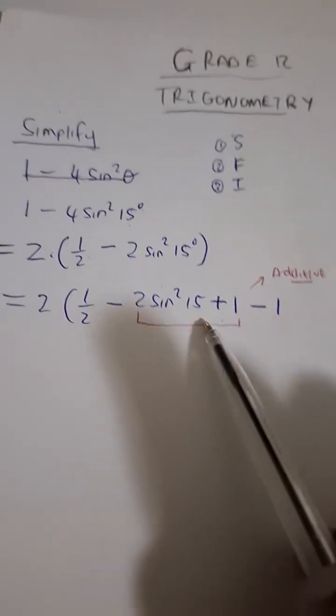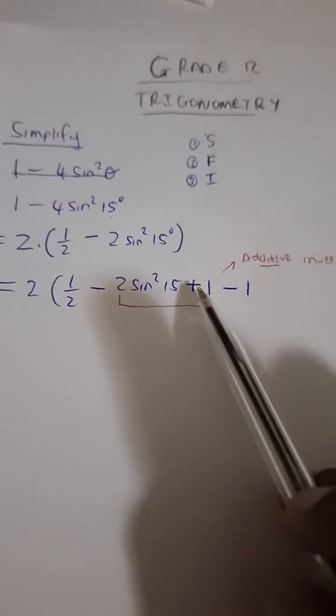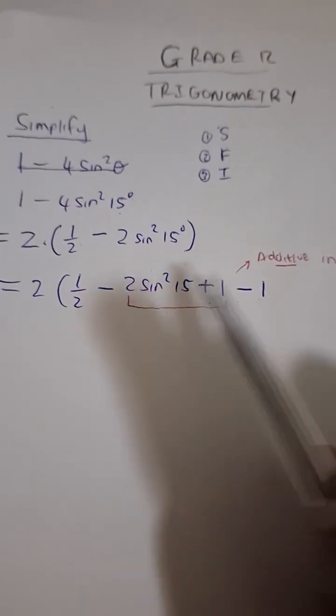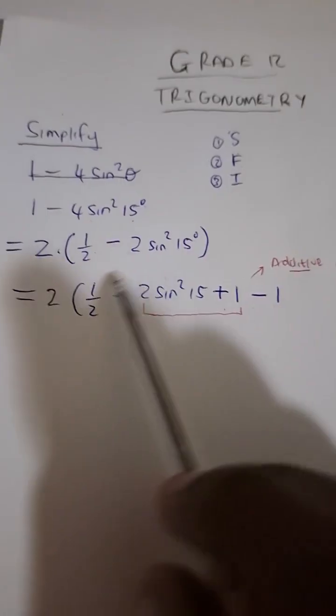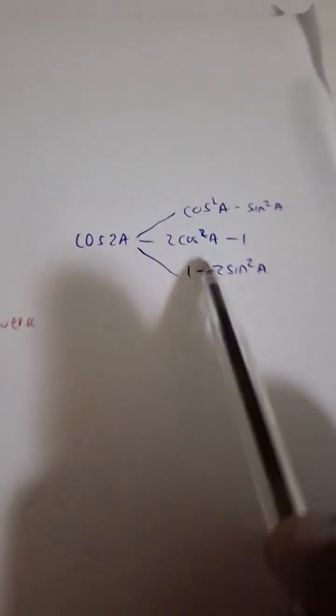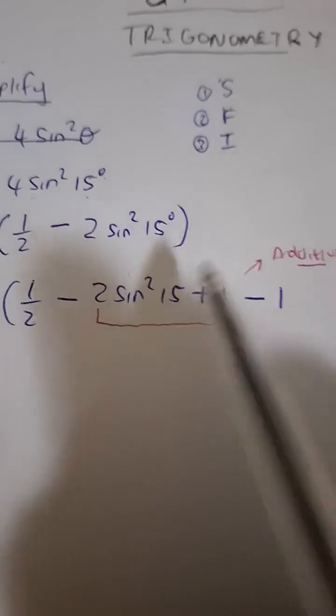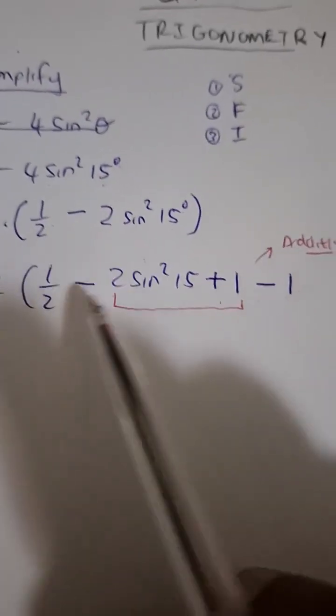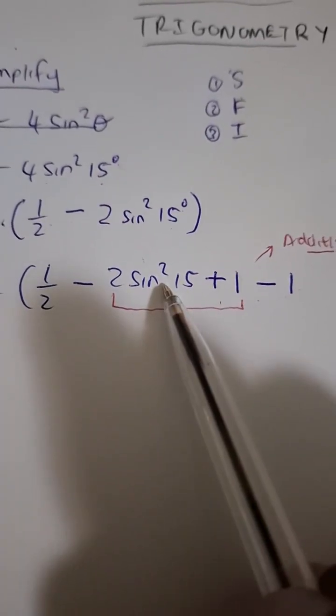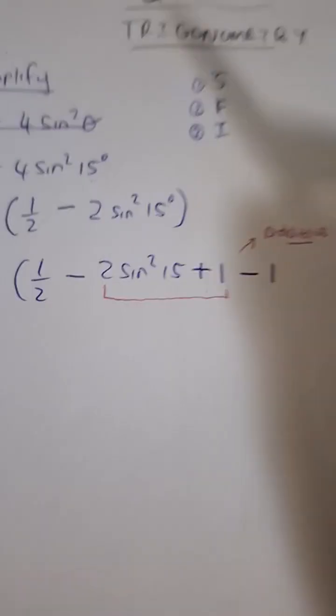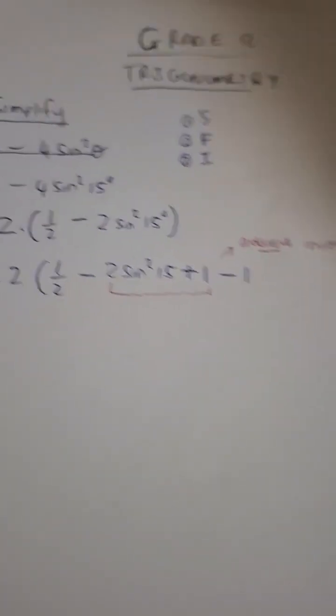So appropriately here, that's what I've done. I used the additive inverse so that I can set up this here. This here is actually equal to what? 1 minus 2 sine squared a. Remember, this is positive 1. This is negative 2 sine squared 15. So this here is my double angle, and I hope you guys can see that.